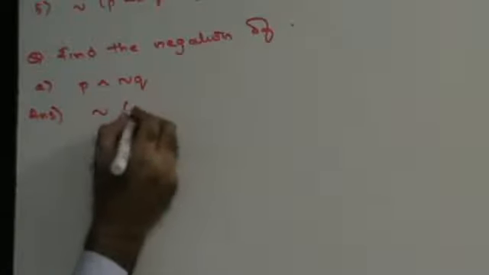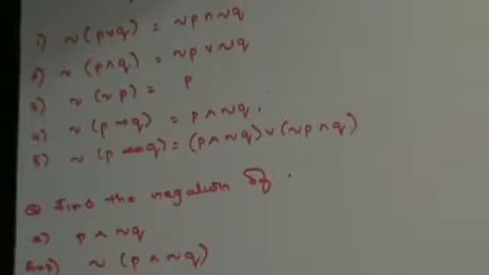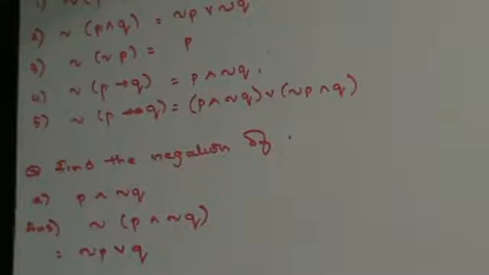I want to find negation of P and not Q. Now for AND, when I open the bracket, not gets multiplied with P. Not of AND, as per the rule, is nothing but OR. Not of not Q is nothing but Q. So open the bracket: not multiplied with P will be not P. Not of AND is OR. Not of not Q is Q.